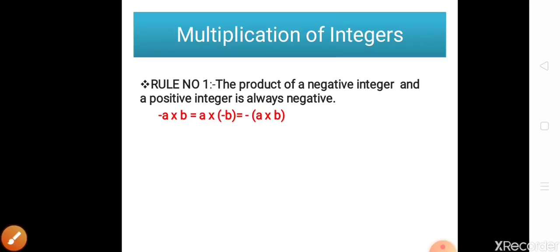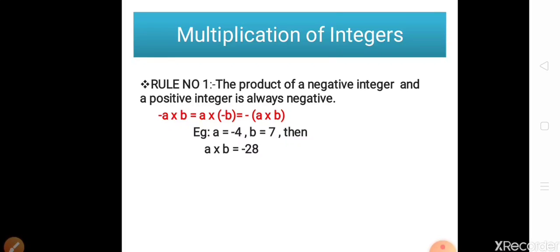We will understand this with the help of an example as well. Let's say we have a equal to minus 4 and b equal to 7. Then a into b is going to give you minus 28, right? Now, unlike the addition of integers, you don't have to follow any rule of looking for the greater number or integer among any two.